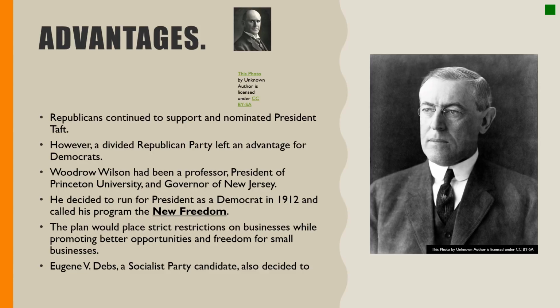He decides to run for president as a Democrat in 1912 and called his program the New Freedom. The plan would place strict restrictions on businesses while promoting better opportunities and freedom for small businesses. Eugene V. Debs, his picture up top here, was a Socialist Party candidate who also decided to run.